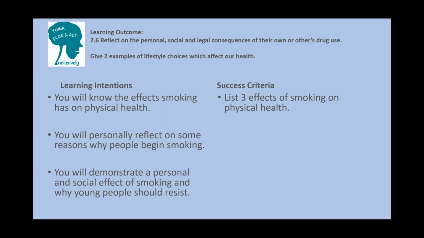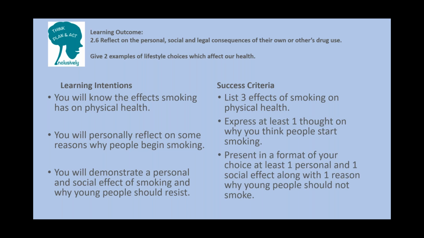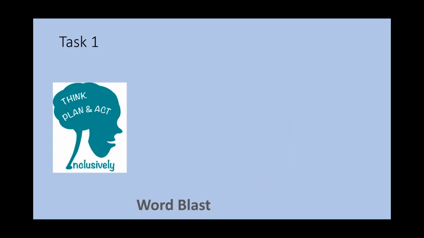And so the success criteria will be to list 3 effects of smoking on physical health, to express at least one thought on why you think people should start smoking, and the third one will be to present in a format of your choice at least one personal and one social effect along with one reason why young people should not smoke. So the first task that we'll ask you to take part in tonight is to use a word blast. Now in the classroom we would run this on a whiteboard or on a flip chart, but for the purposes tonight we will use Menti.